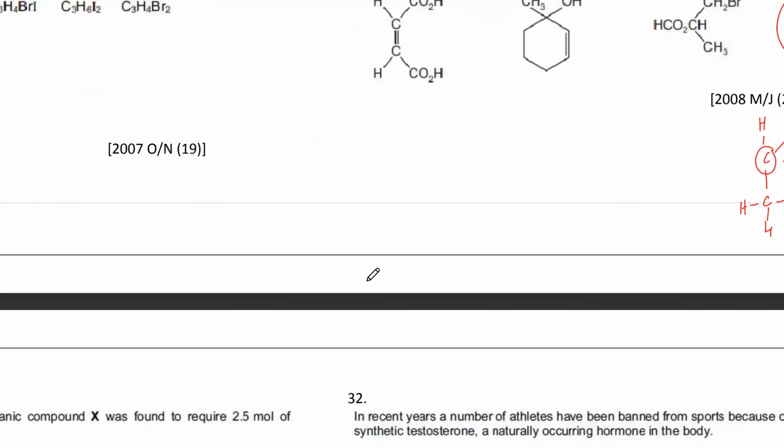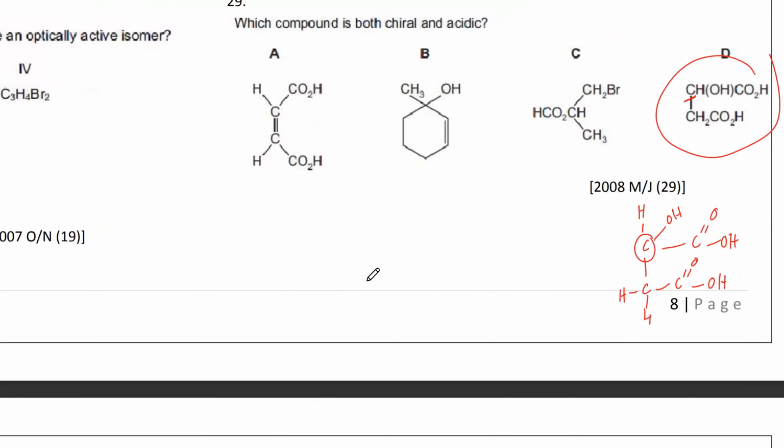But it's also the same with option C. The carbon in option C is also chiral and it's also attached to a carboxylic acid. No, that's not attached to a carboxylic acid, because if you look at it, it's CH. The top side is CH2, CH2Br, and the bottom side is CH3.